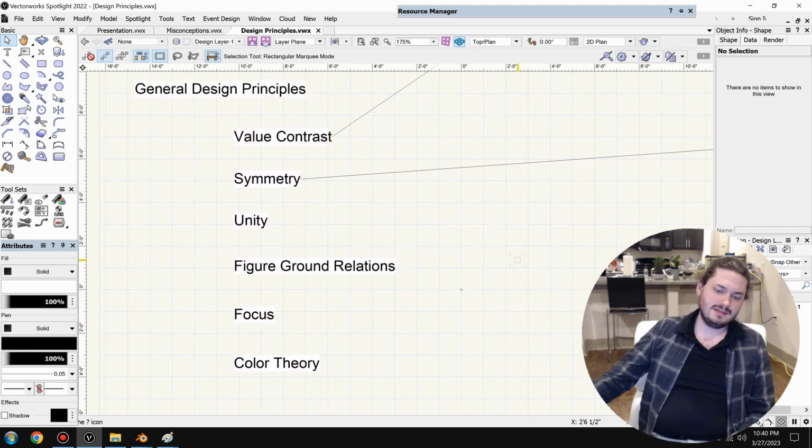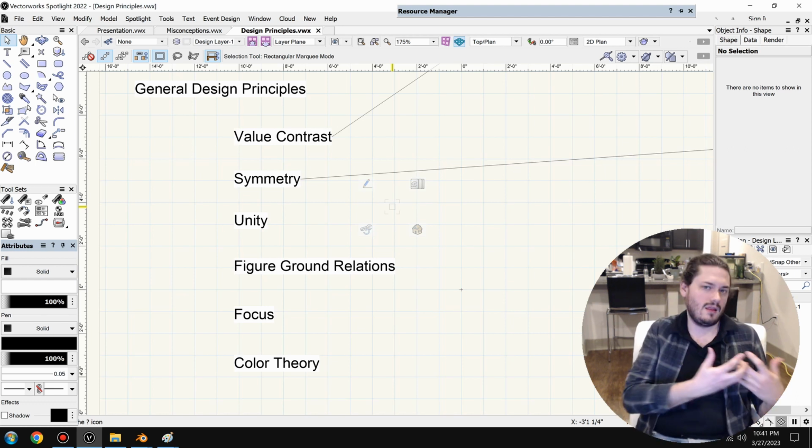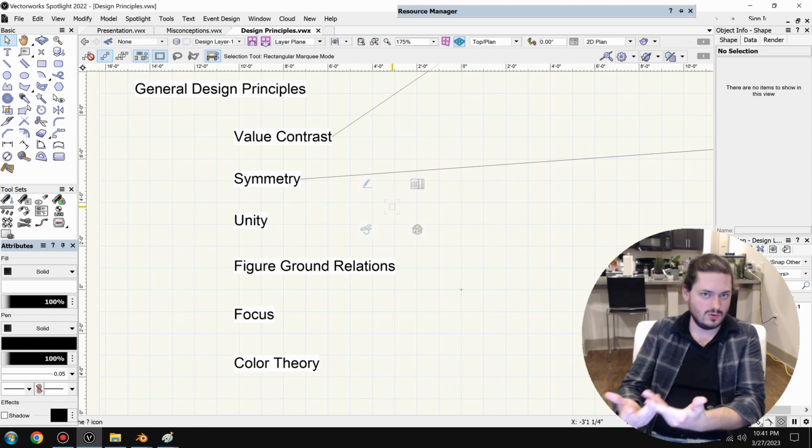The next item is unity, and this isn't just the unity of the lighting design. It's the unity of the design with the choreography, with the costumes, with the sound. Because if it's already challenging for you to get across your emotional idea, it makes it that much harder if the costumes are saying the mood is one thing and the lighting is saying the mood is another, and the sound is saying that the mood is another thing.